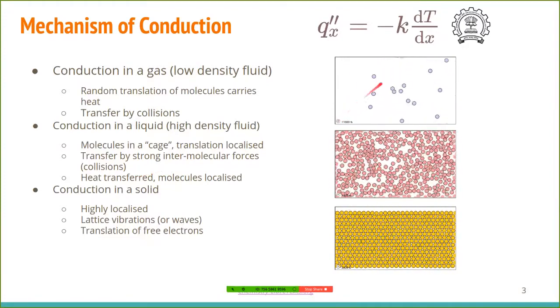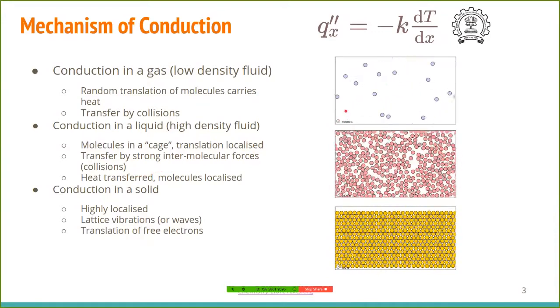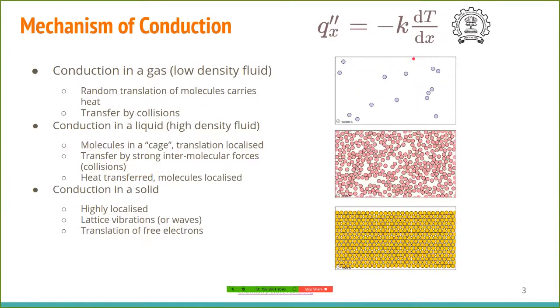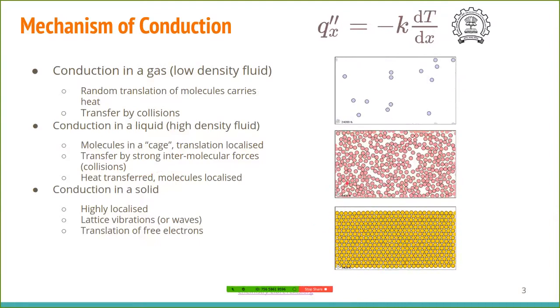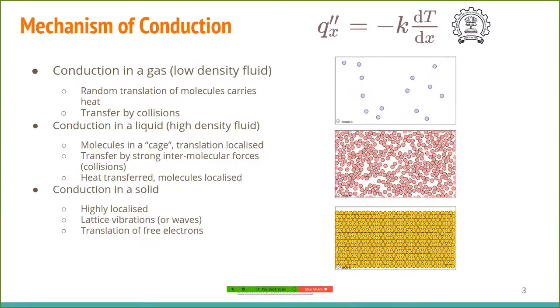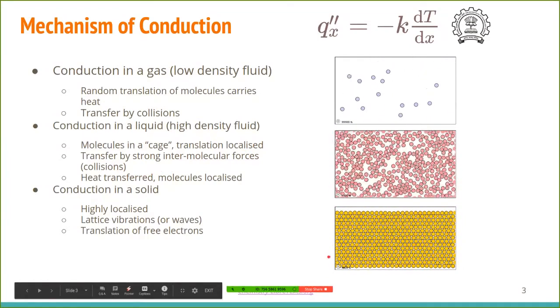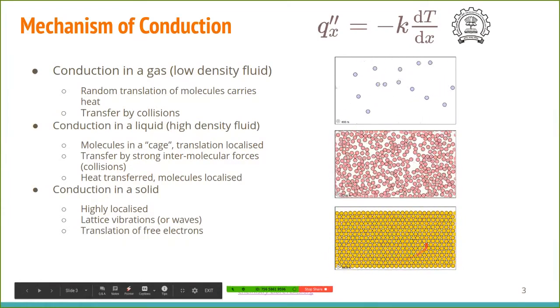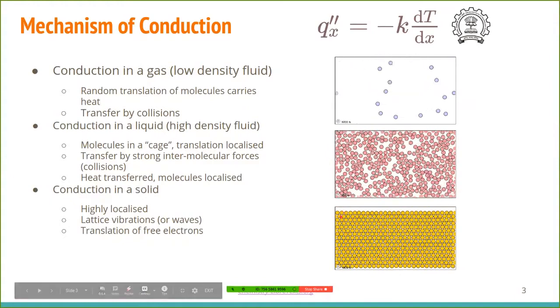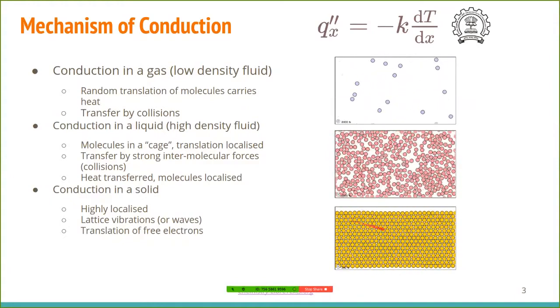So in gases both heat and molecules are transported. In liquids, molecules are transported to a much lower extent than the heat. In the case of solids, molecules are not transported at all. They are all localized. Only heat is transported, and that is entirely by collisions.